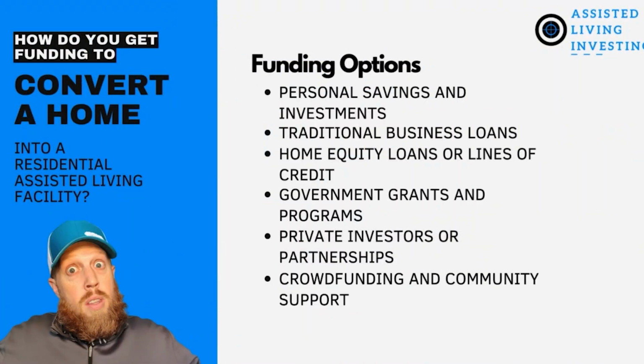Next would be crowdfunding and community support. So this would be if you have access to a bunch of people or the community wants to do this. I'm not familiar with this process, but you might be able to find a group of people that are really interested in doing this. If you're a part of a real estate investment group or something like that, you might be able to find a bunch of people that are willing to go this route and help you out through the process.